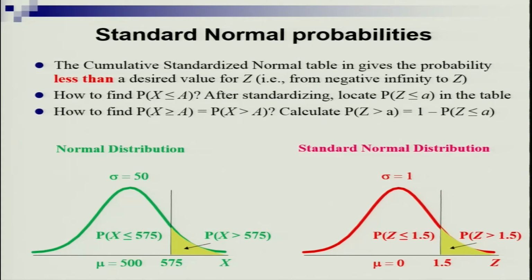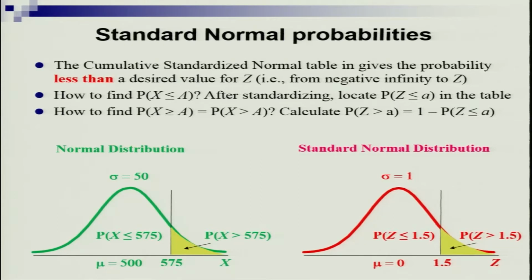Okay, so now how do we translate this entire story told in terms of the normal distribution to the standard normal distribution, because ultimately we are going to make use of the standard normal distribution to compute the probability and avoid taking integrals. So first we have to standardize the variable x.